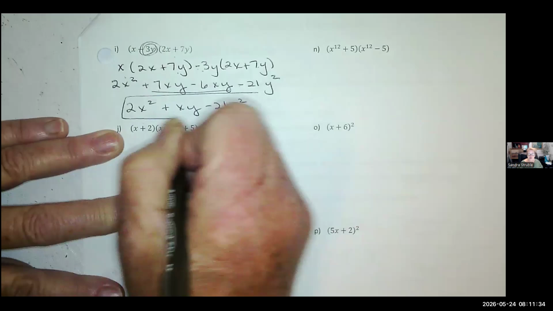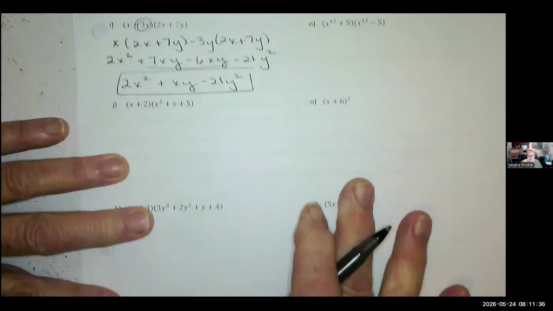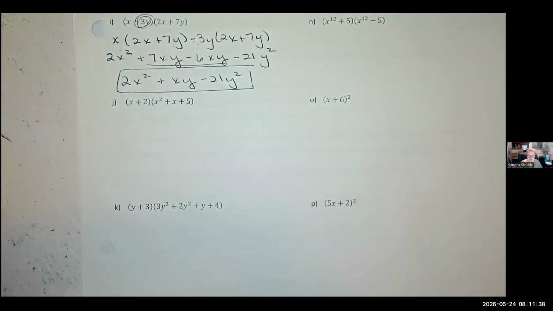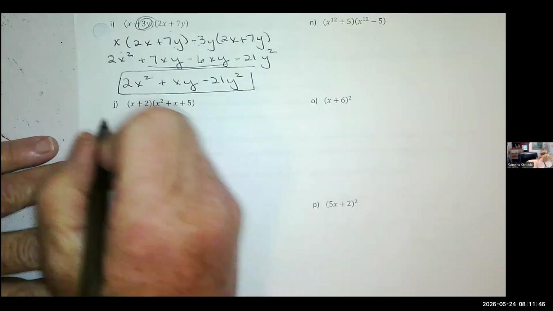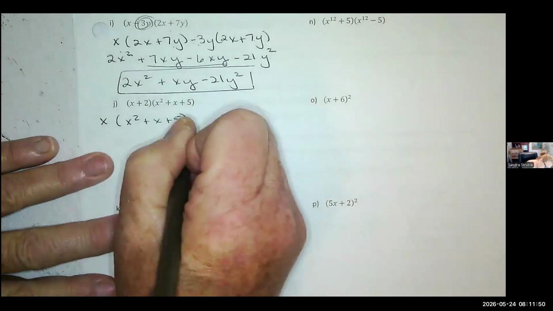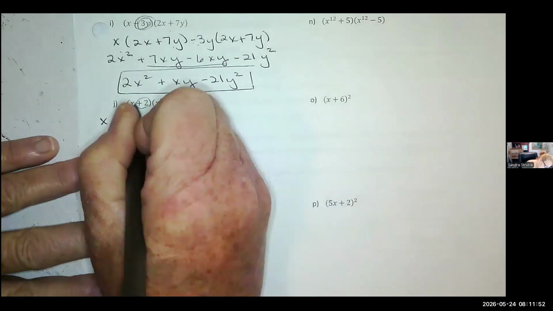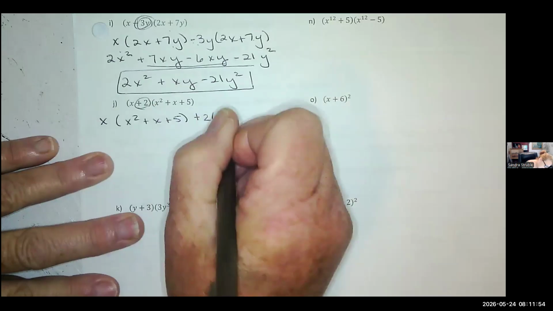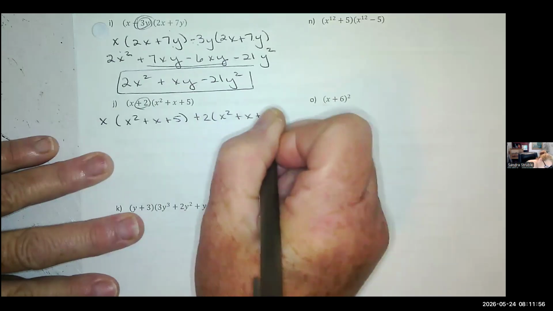Now, we cannot use FOIL method here. You can use distributive method. You can use box method. You cannot use FOIL. Okay. So x times x squared plus x plus 5, plus 2 times x squared plus x plus 5. So distribute the x over the trinomial.